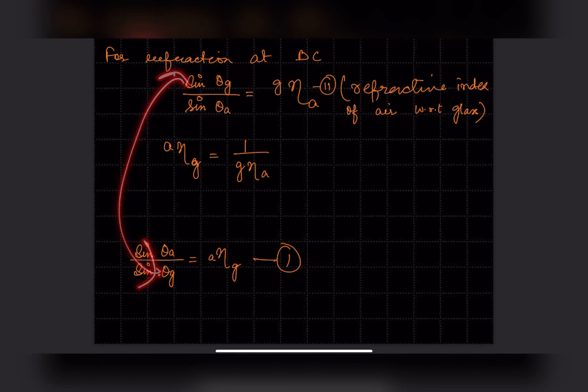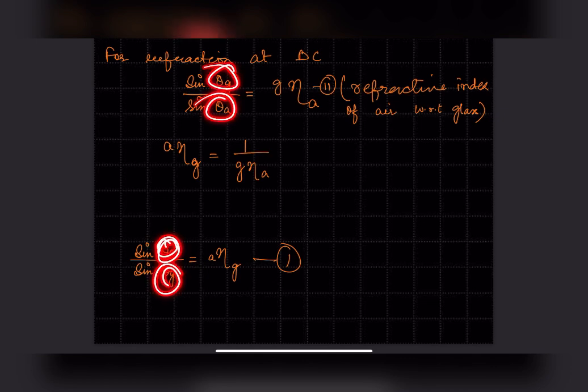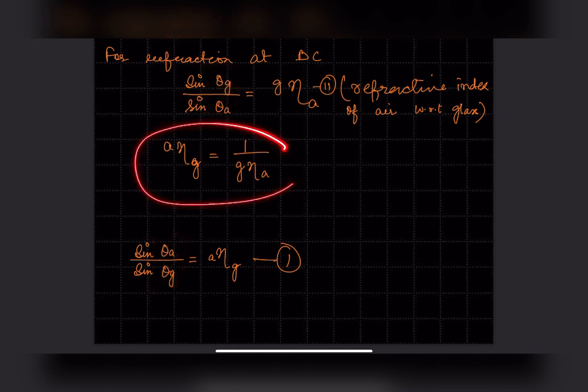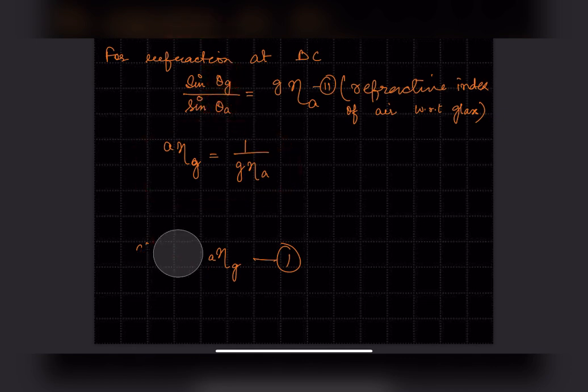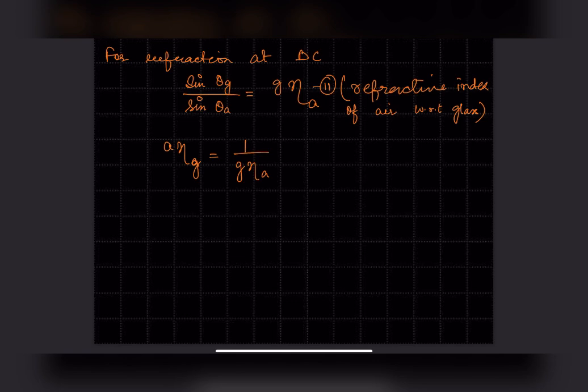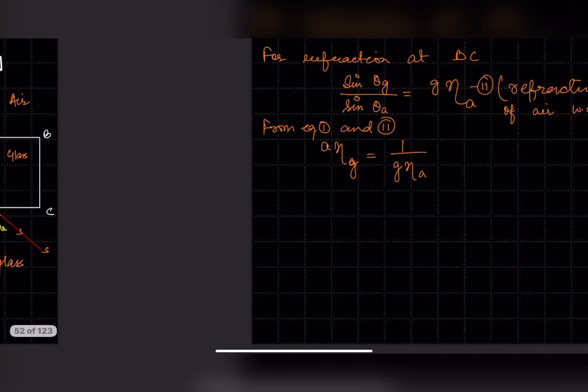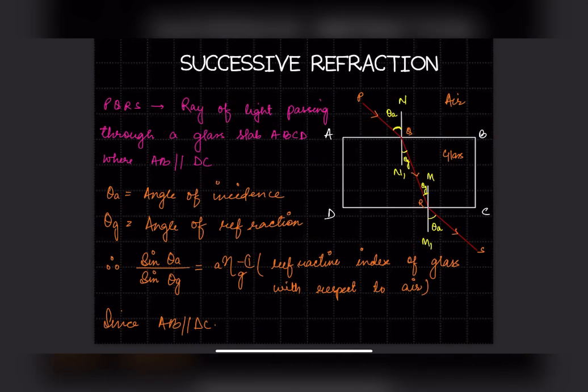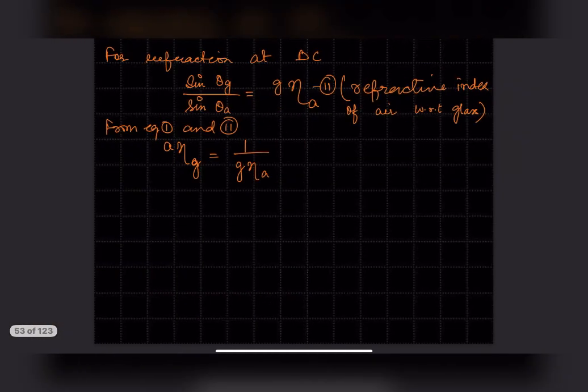Can you see these two are opposite of one another? Theta A is up here, theta G is down here; theta G is up here, theta A is down here. So I can write it like this. Got the point? From equation 1 and 2. Which is equation number 1, this is 1 and this is 2.